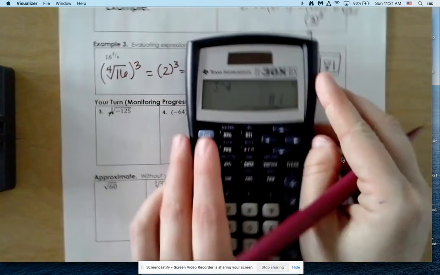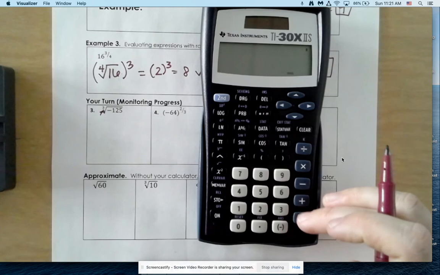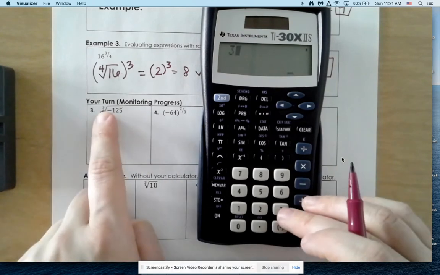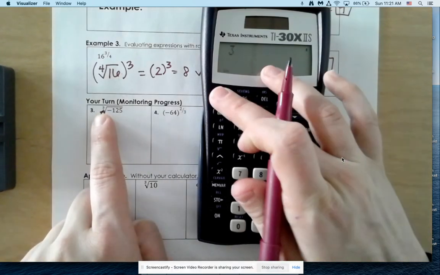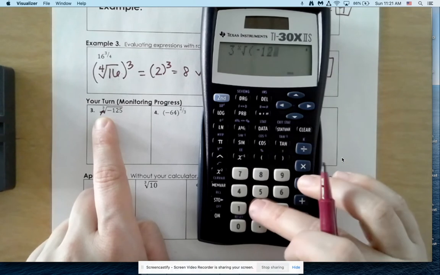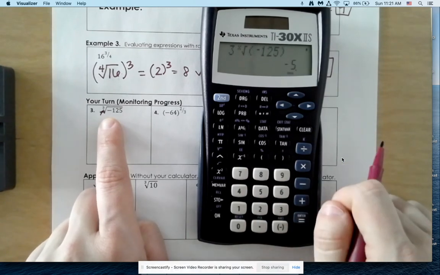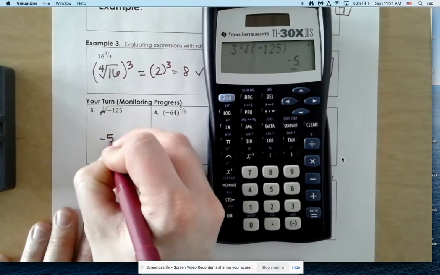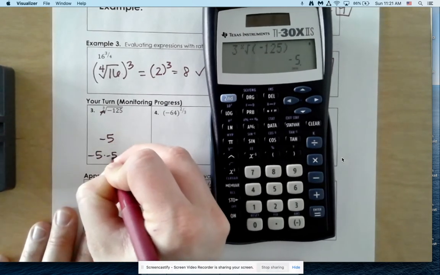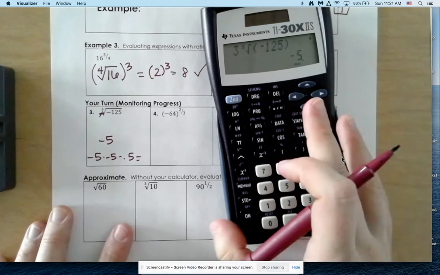Just to practice, I'll type these all in my calculator so you guys can see how I did them. You're going to hit 3, because that's the little number, your index, second, up arrow, and then put parentheses -125, because that's exactly how it looks. -5, yep, because -5 times -5 times -5 equals -125.